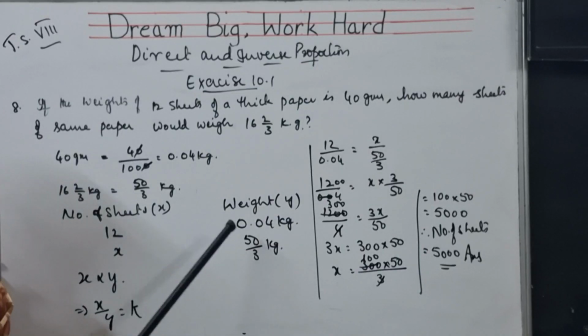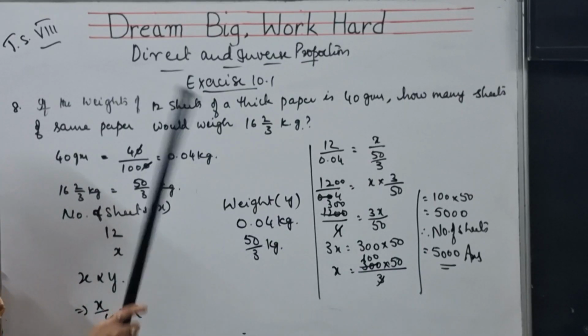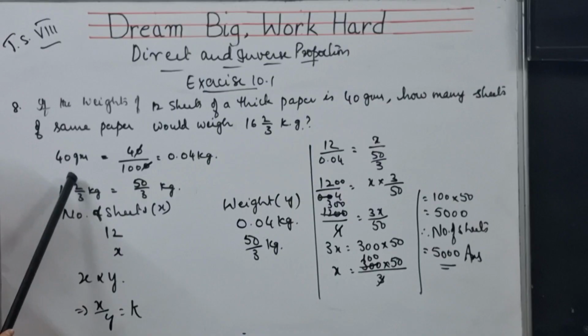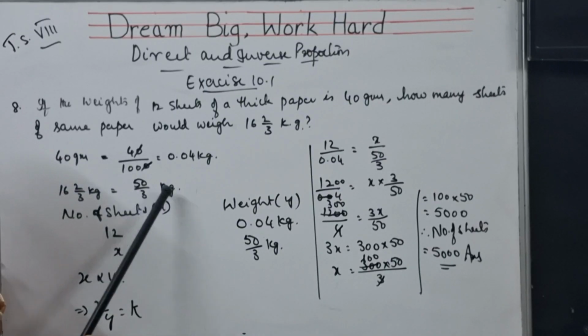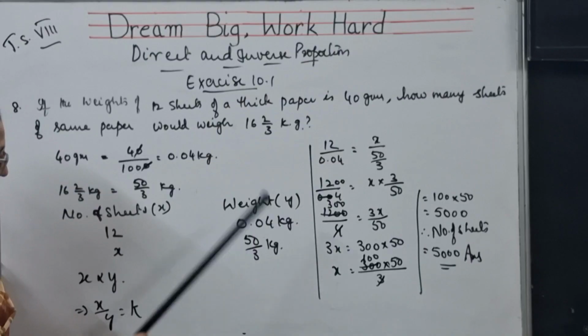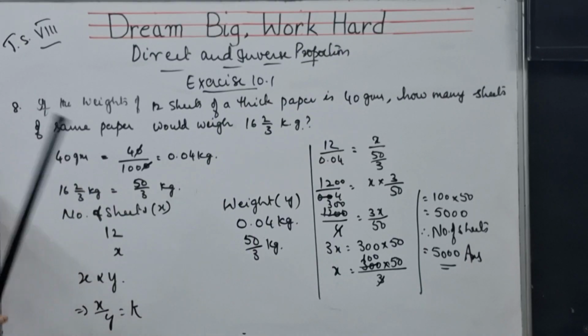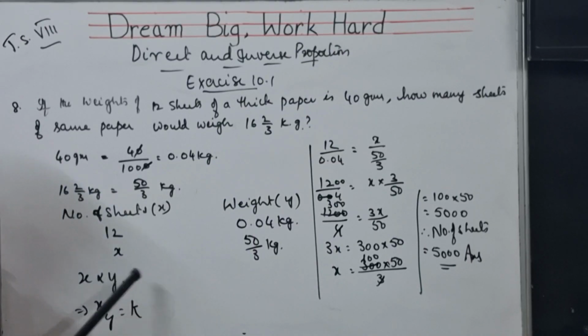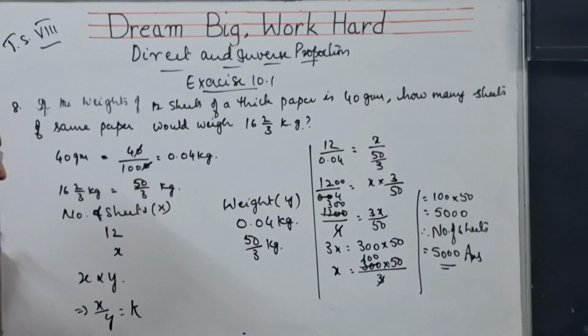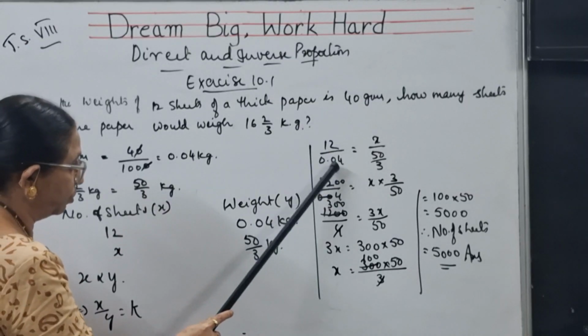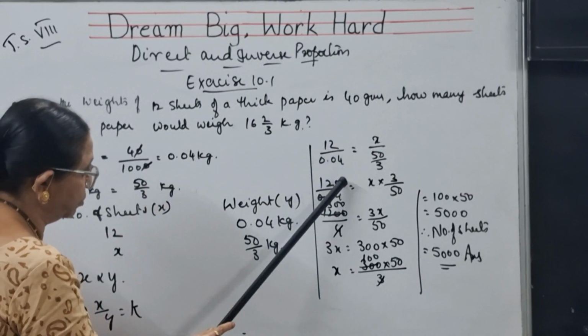So 12 sheets are weighing 0.04 kgs and 16 2 by 3 kgs means what? 50 by 3 kgs. 50 by 3 kgs contains how many sheets? And x is directly proportional to y. x by y is constant. So 12 by 0.04 is x by 50 by 3. These two decimals are there, so I kept two zeros here.